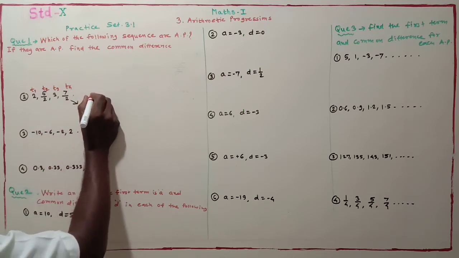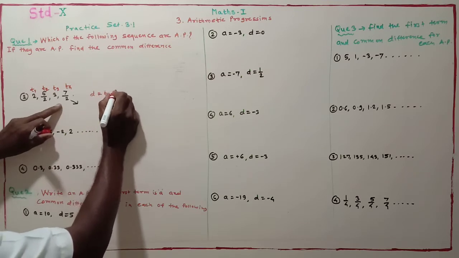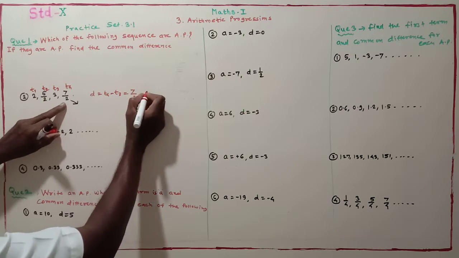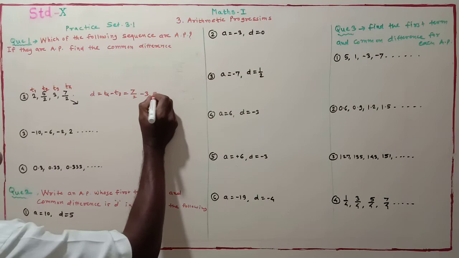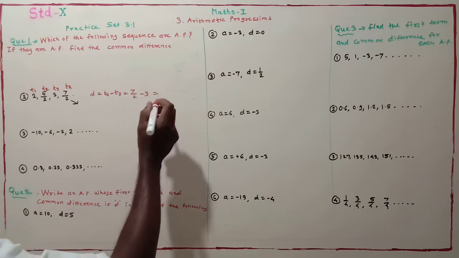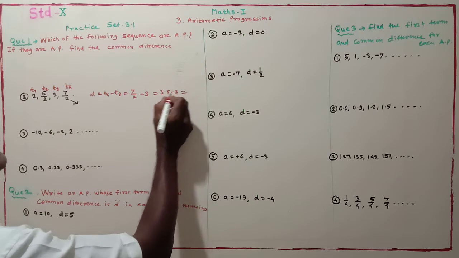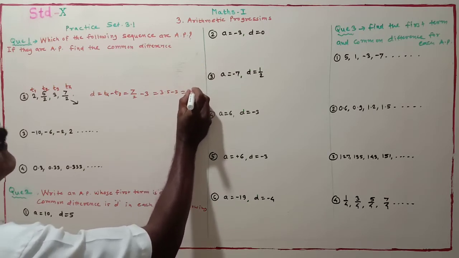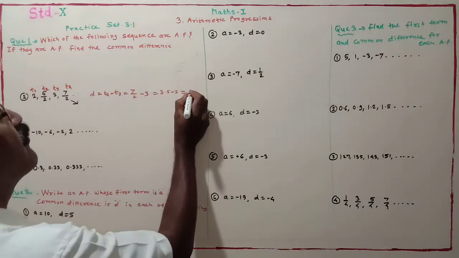Common difference D is equal to T4 minus T3. T4 is 7 upon 2 minus 3, which is 7 upon 2 means 3.5, minus 3 is equal to 0.5. This is 0.5.